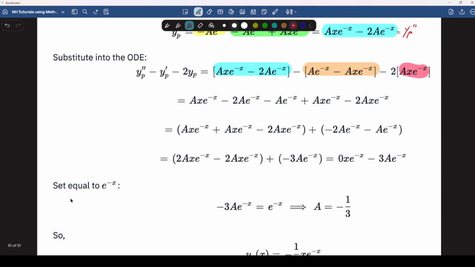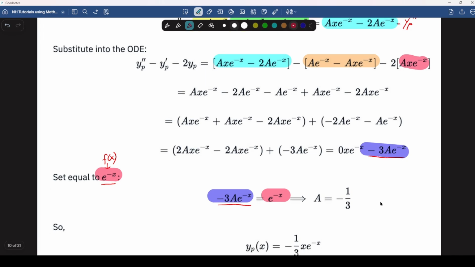This is then equated with the non-homogeneous part, which is our f of x, e to the power of negative x. So we set negative 3a e to the power of negative x equal to e to the power of negative x, and therefore we get the value of a to be negative 1 over 3.